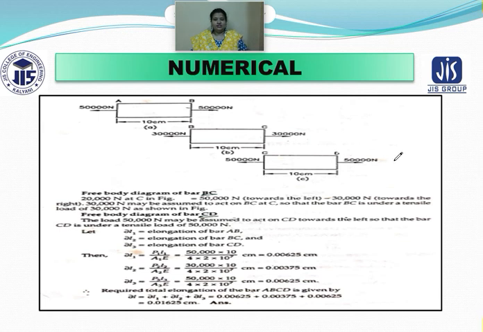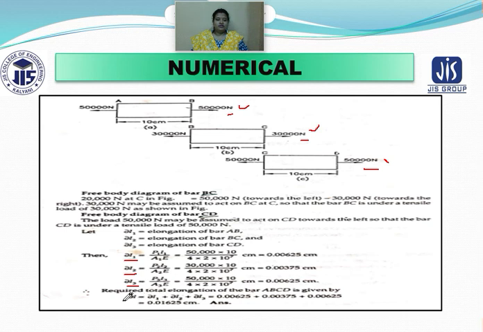So you see the numerical that I have solved there: 50,000 is there, 30,000 is there, and 50,000 is there. Separately you have calculated del L1, del L2 and del L3. Since all the values you have got are positive, because your load is itself positive, you have got all the elongation as positive.